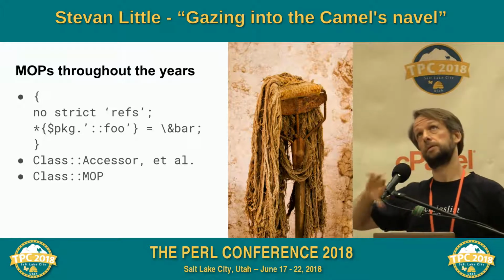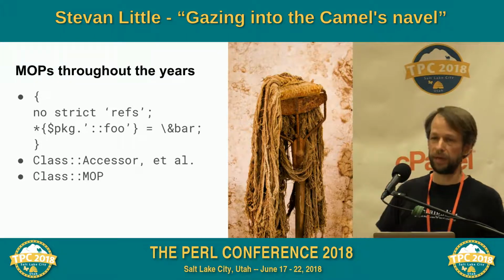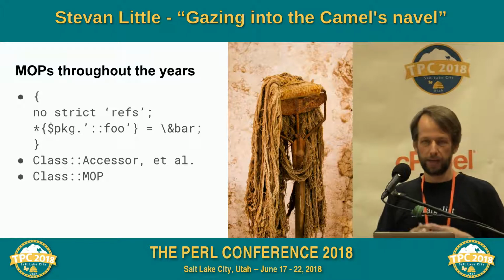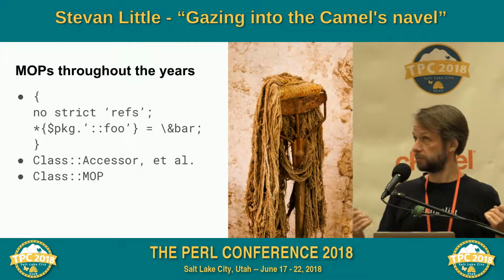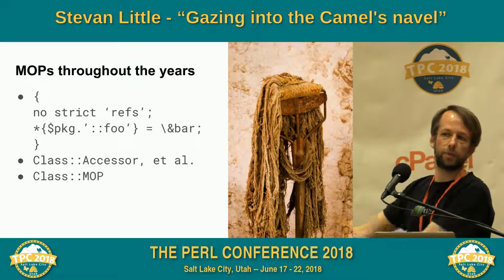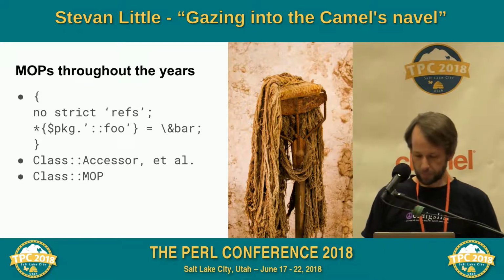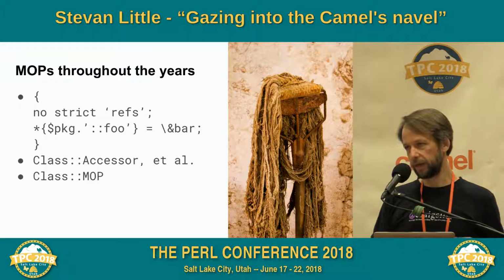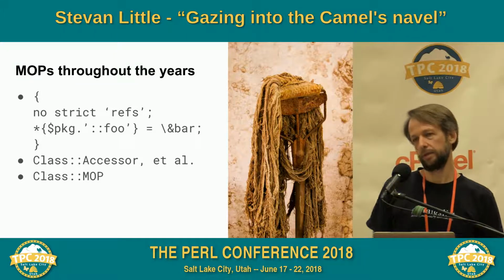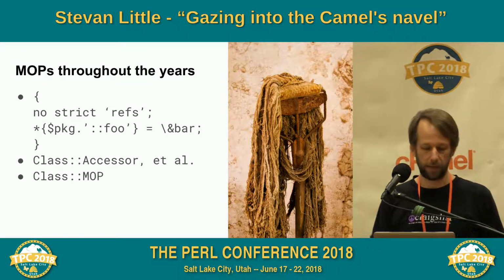In 2005, I wrote Class::MOP, which became the base for Moose. Class::MOP was a product of about 3 or 4 years of prototyping and probably the 15th version. All the other ones were really bad, and I threw them all away. But over the years, I came to regret a number of decisions in Moose and in Class::MOP, and one of these days I'll actually give a talk about that.